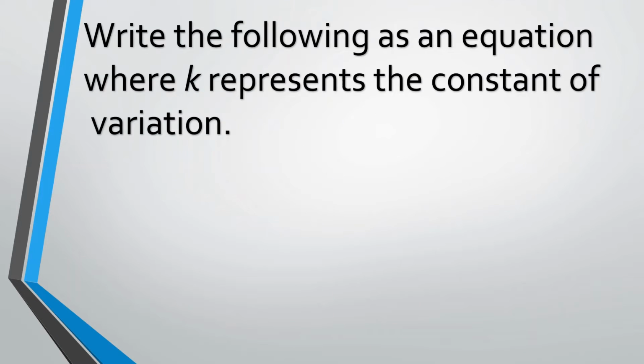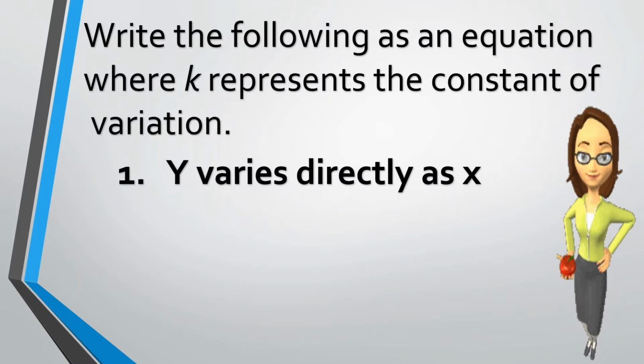Write the following as an equation where k represents the constant of variation. Number 1, y varies directly as x. So we will write this as y is equal to kx.